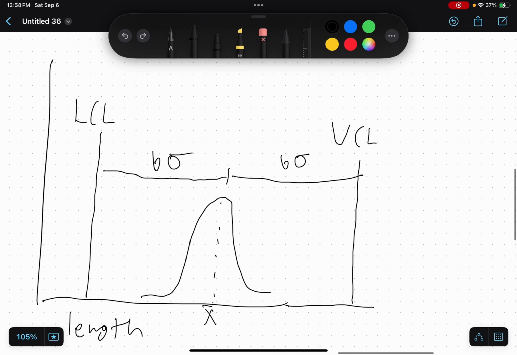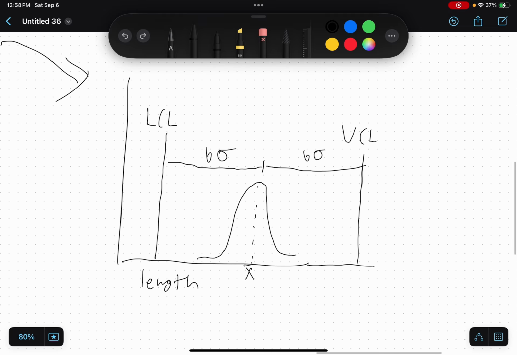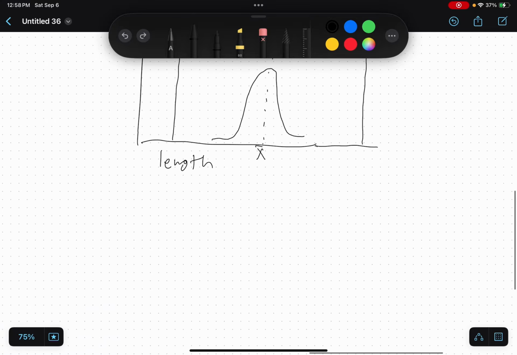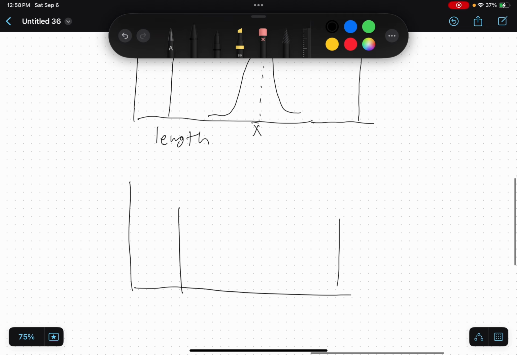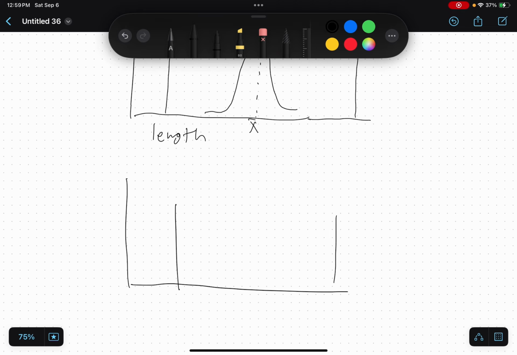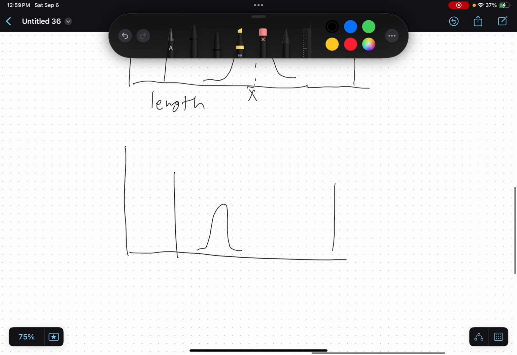So what are some things that could affect this? Well, I'll draw a new graph actually. So you've got your lower, you've got your upper. Let's say instead of your X bar being in the middle of the UCL and LCL, your distribution is over here, more towards the left.